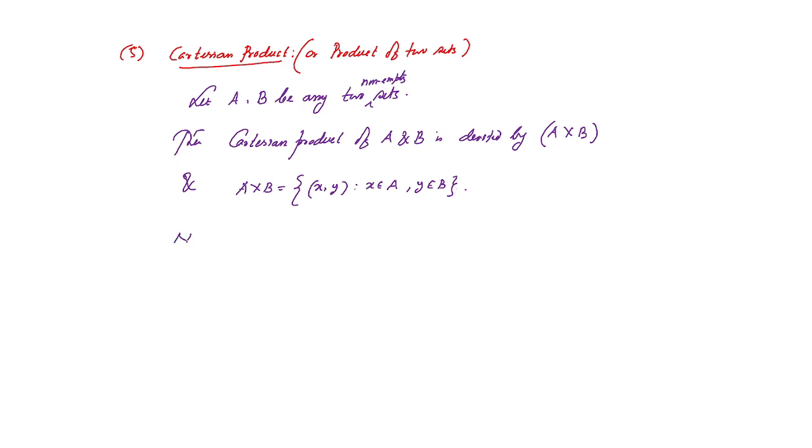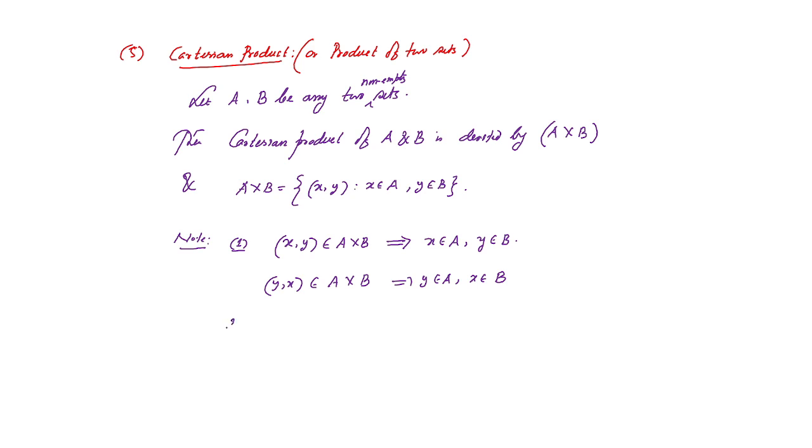So here the note: if you have seen (x, y) belongs to A Cartesian product B, that implies x belongs to A and y belongs to B. If we see (y, x) belongs to A Cartesian product B, that means y belongs to A and x belongs to B. So the first element comes from the first set and the second element will be taken from the second set.